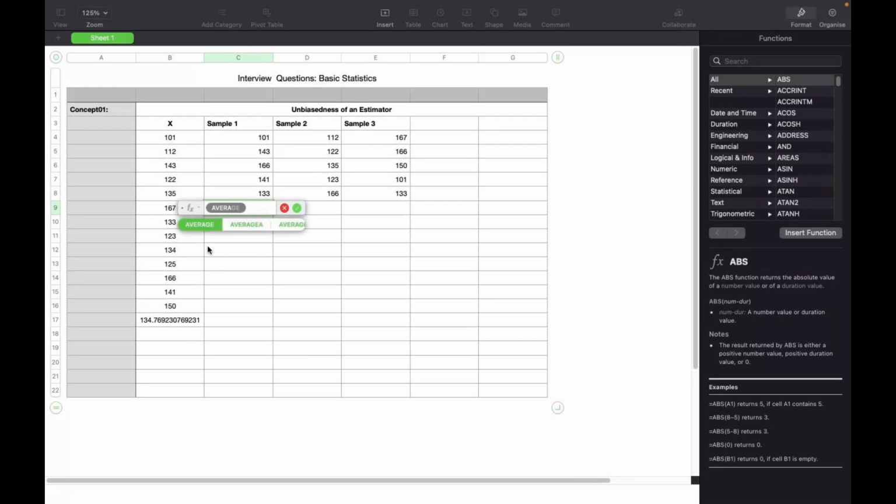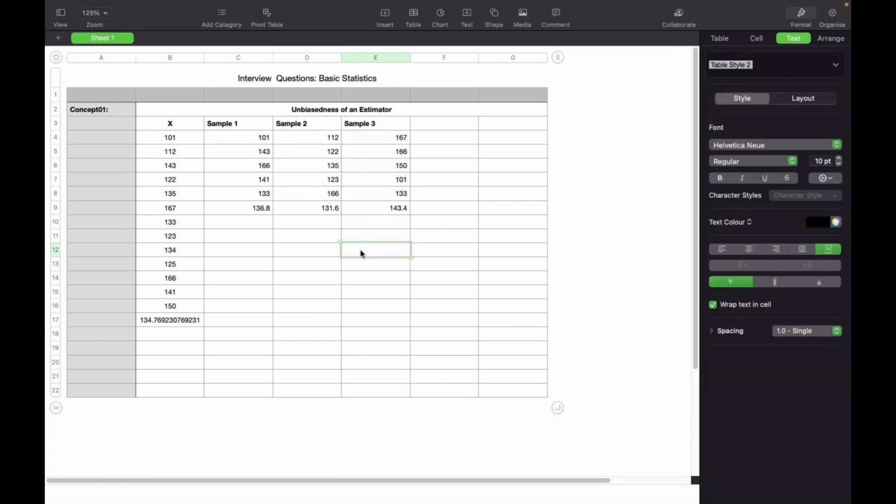So what I've done over here is I've taken three samples, three samples of size 5 each.